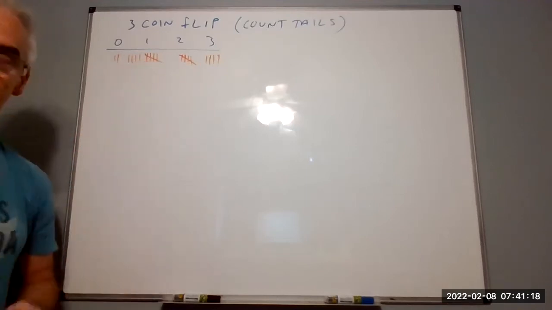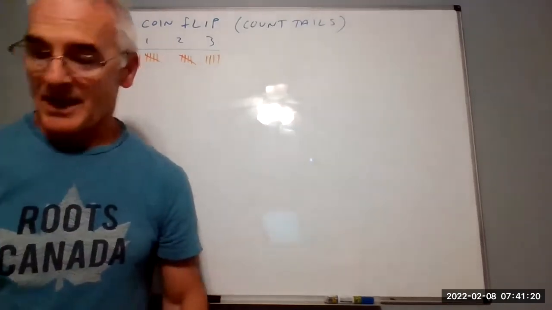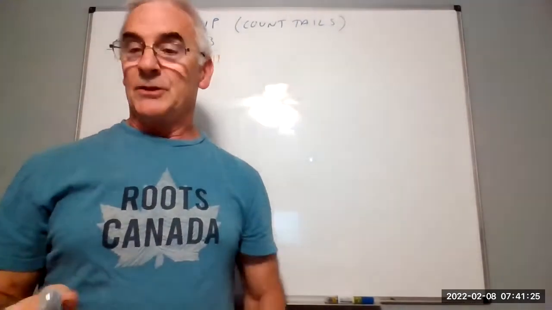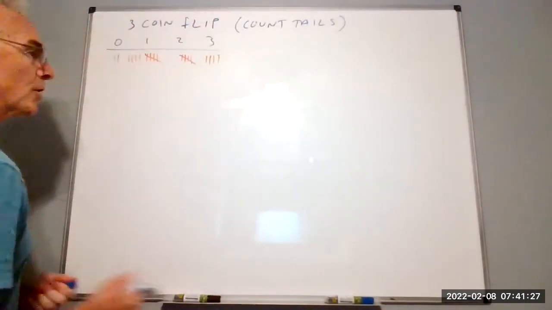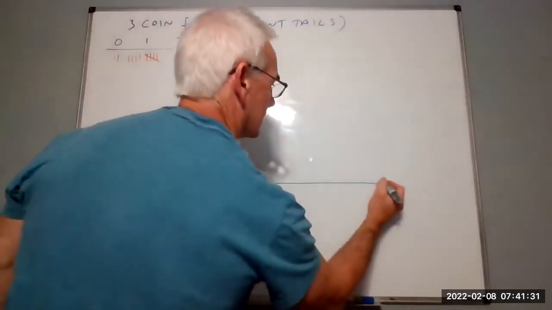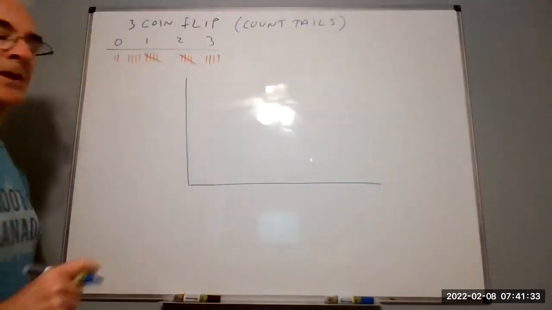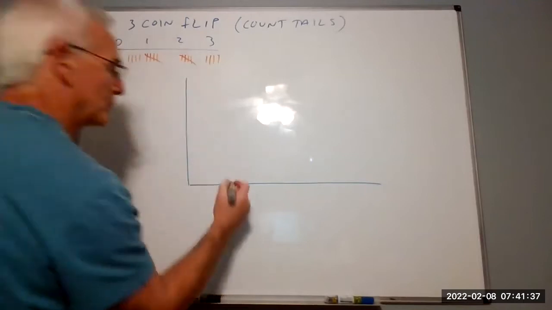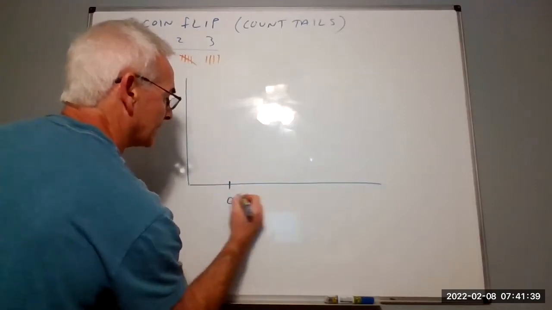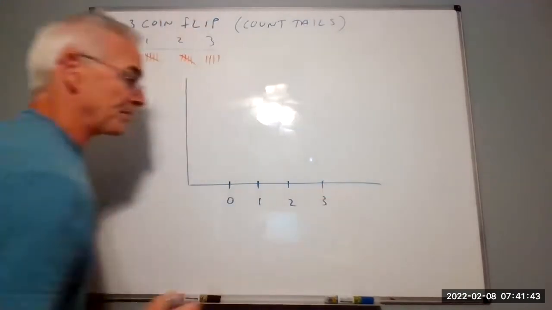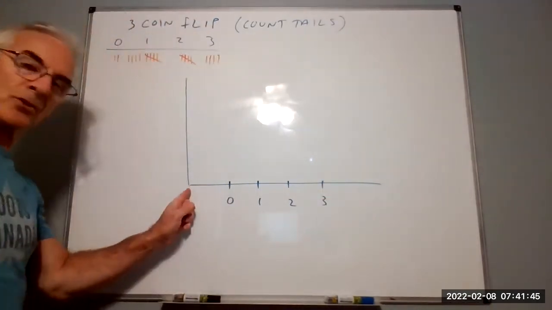Okay, there's my 20. Now, what I would like is for everybody here to make their own histogram, just like we did last time. So I am counting the number of tails. My possibilities were 0, 1, 2, or 3. So on my graph, I have 0, 1, 2, 3. Yes, 0 is a possible outcome, but we don't put 0 up against the edge.